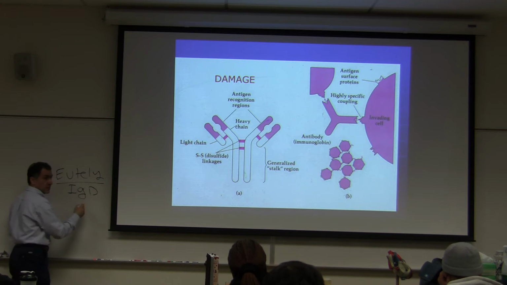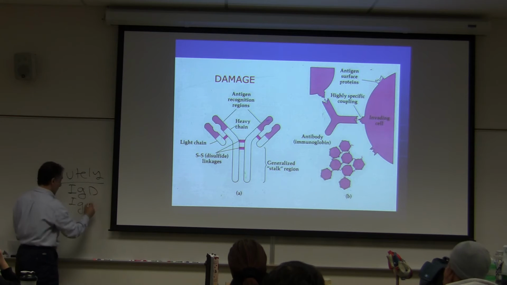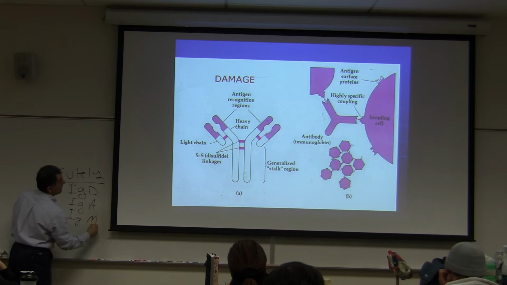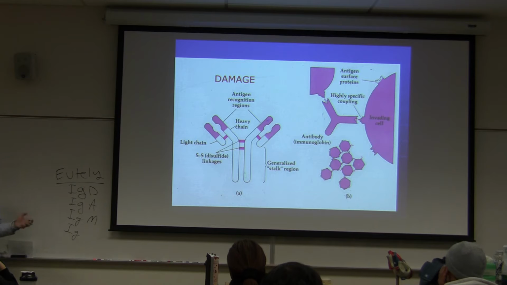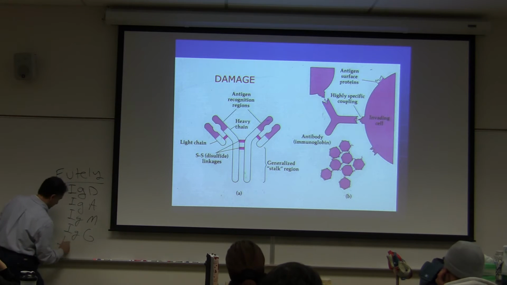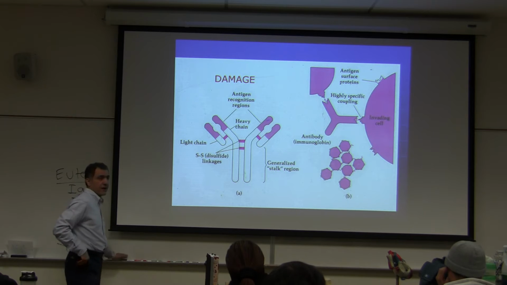IgD, and Ig is the abbreviation for immunoglobulin. You remember we talked about that? I gave you the IgA, IgM, IgA, I already wrote it. If I write it again, what's the use? G, and IgE. Those are the 5. Make sure you know those are the 5 major.